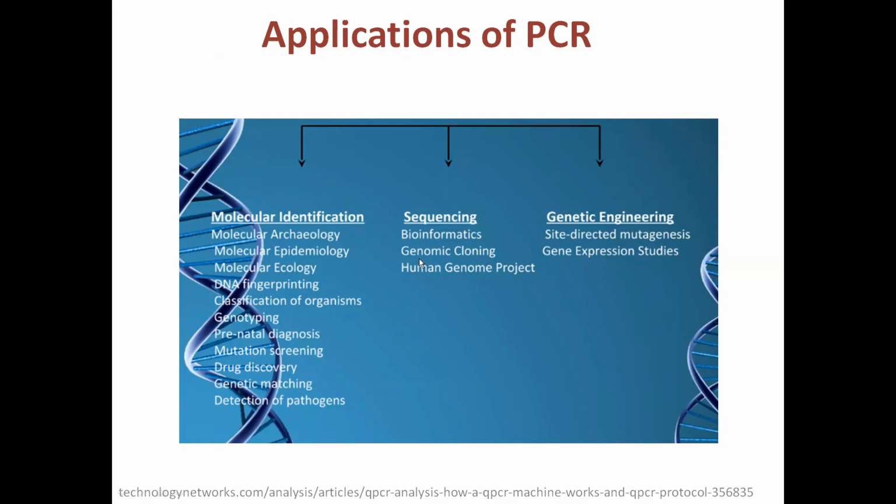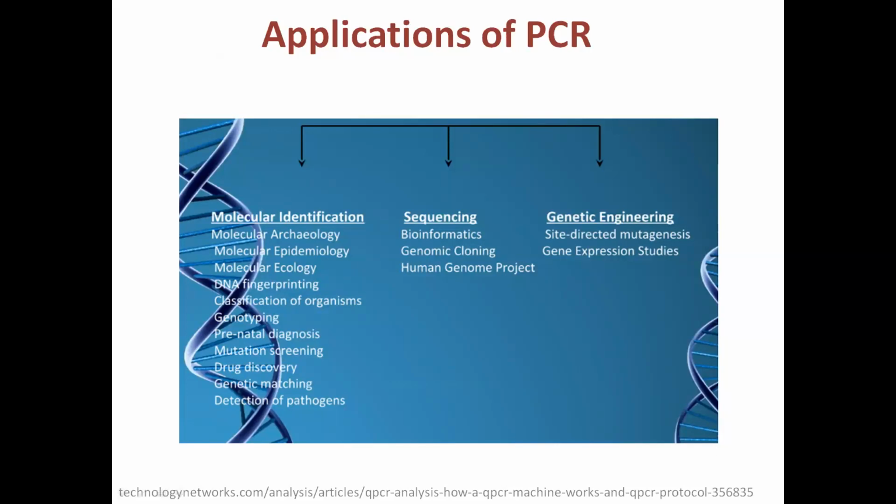Then bioinformatics, genomic cloning, and the Human Genome Project are the roles of the PCR in sequencing. Similarly, in genetic engineering, it can be used for site-directed mutagenesis and gene expression studies. So depending on what primer we use and the size of the amplicon, we can use this PCR technology for getting all these objectives.